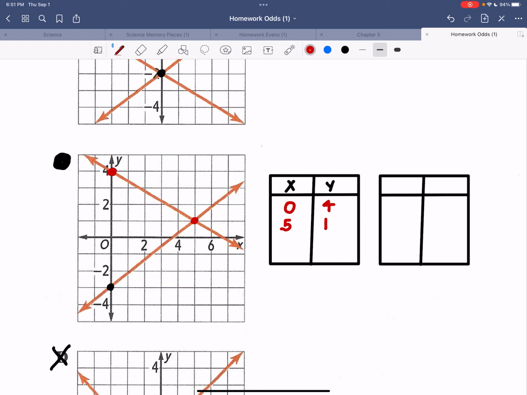Then for the other one, here's the red line, excuse me. This is the red line. And then I'll make this the blue line. So for the blue line, we have 2 good points. We have 0, negative 4.